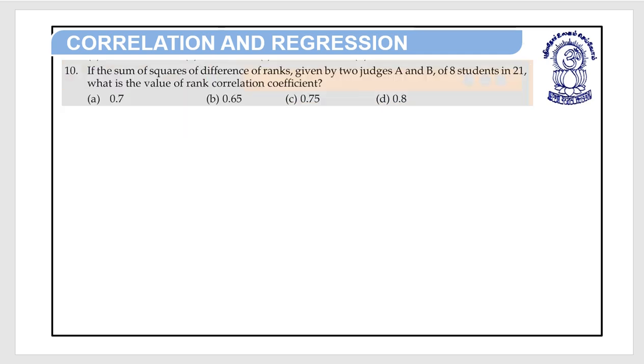Question number 10. If the sum of squares of difference of ranks given by two judges A and B of 8 students is 21, what is the value of the rank correlation coefficient?